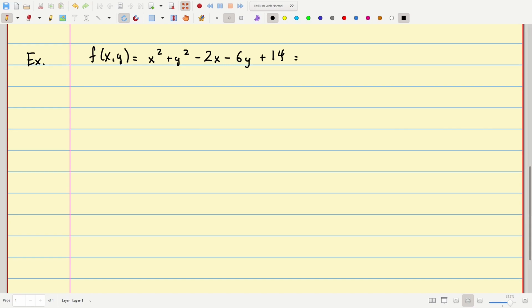Okay. But I do want to point out that it shouldn't be weird to see this if you look at this equation and wonder what it would take to complete the square.